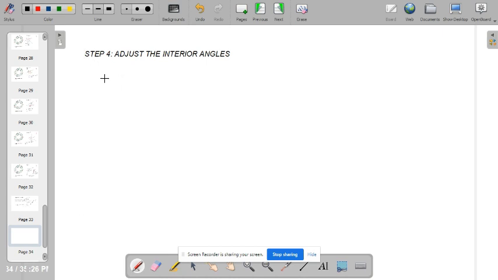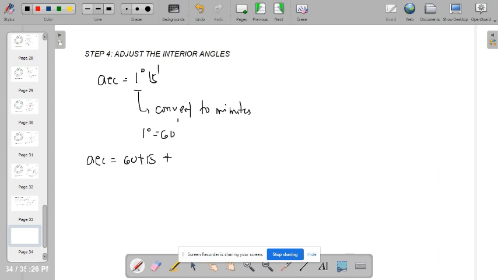So if AEC is equal to 1 degree and 15 minutes, you can't distribute this to the 5 corners unless you convert this to minutes, no? So 1 degree is equal to 60 minutes. So therefore, AEC is equal to 60 plus 15, or this is equal to 75 minutes.